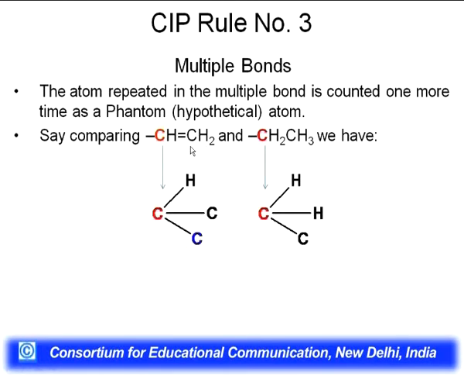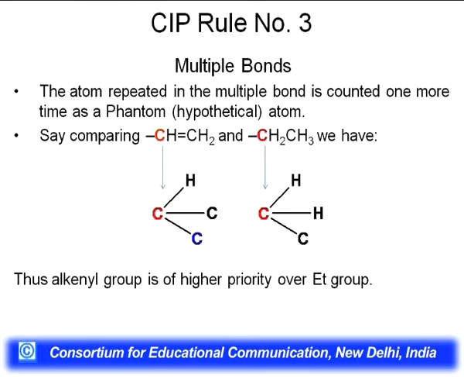That blue carbon is a hypothetical carbon I have given, just to take into account the fact that this red carbon is attached to the black carbon 2 times. So I have placed one hypothetical carbon, which is called a phantom atom. Because I was doing this presentation, I could make it colored. When you write it in your exam and you do not have a colored pen, you can just circle this carbon to make it a hypothetical carbon.